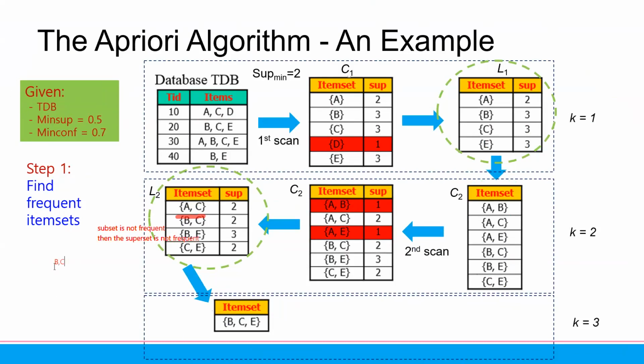B and C, is it frequent? B and E, is it frequent? And then C and E, is it frequent? Yes. Then we can consider this as an item.